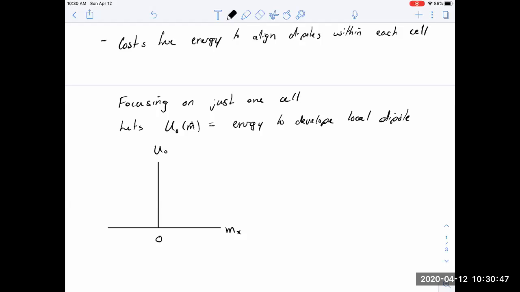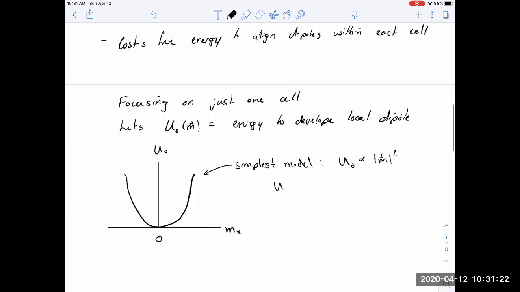Likelihood of pointing in one direction in the absence of a field should be the same as pointing in the opposite direction. So then the lowest possible model would be something that just looks parabolic. So we'll have that U naught, the free energetic cost to form a local dipole, should be proportional to the magnitude of that dipole squared. Let's define the constant of proportionality as 2 alpha.